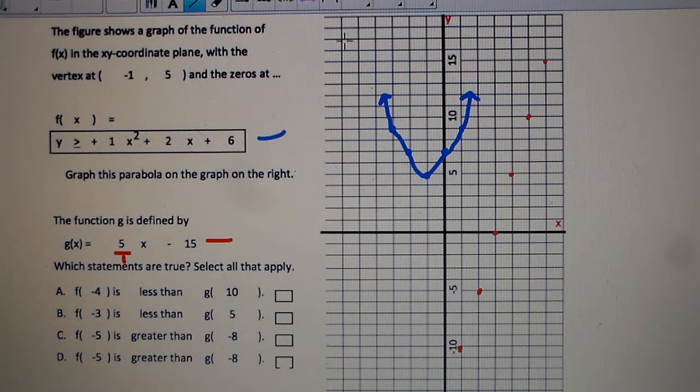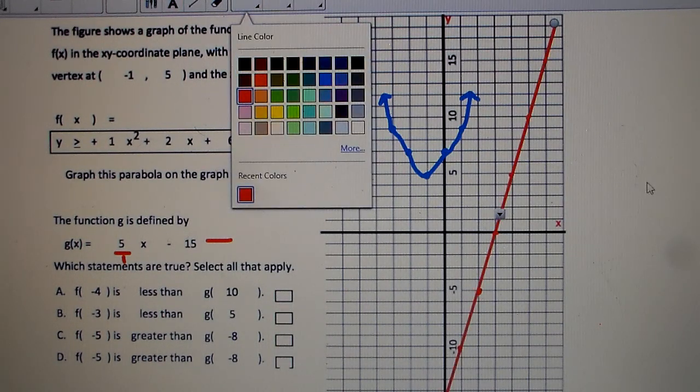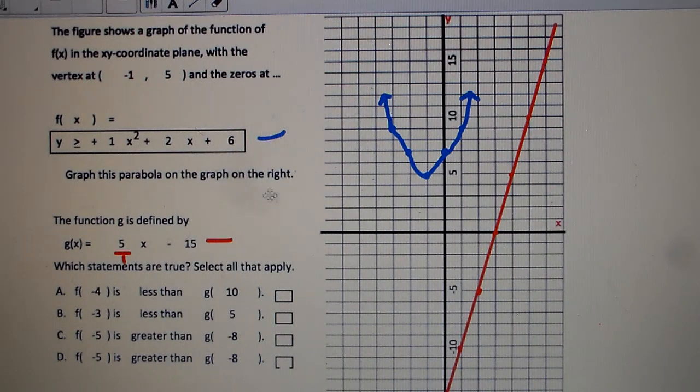I'll connect those dots. I'll make my red line so you could easily see the red line graphed. So 5x minus 11 is that red line graphed.